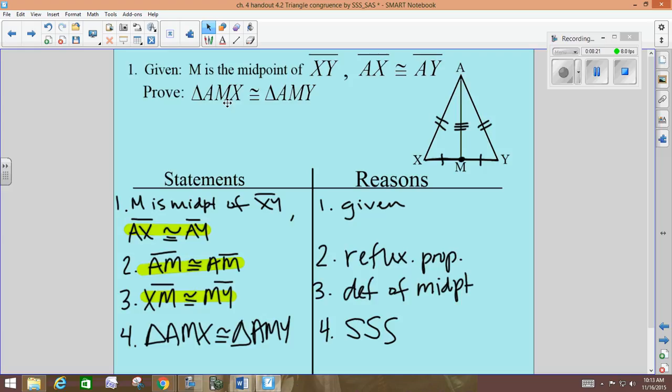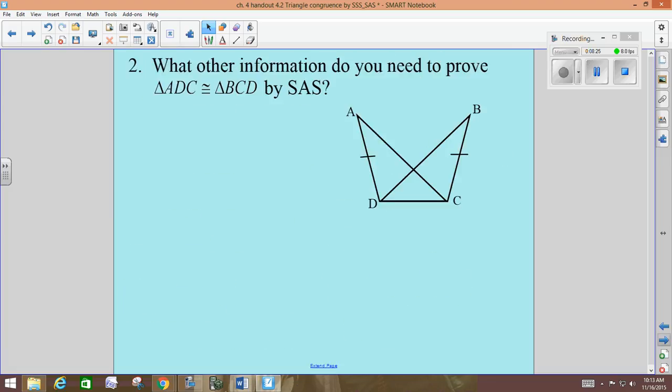Okay, number 2 then. What other information do you need to prove that triangle ADC is congruent to triangle BCD by side, angle, side? The triangles are overlapping and creating more triangles. I'm going to pick apart the two that they want us to look at, ADC and BCD.